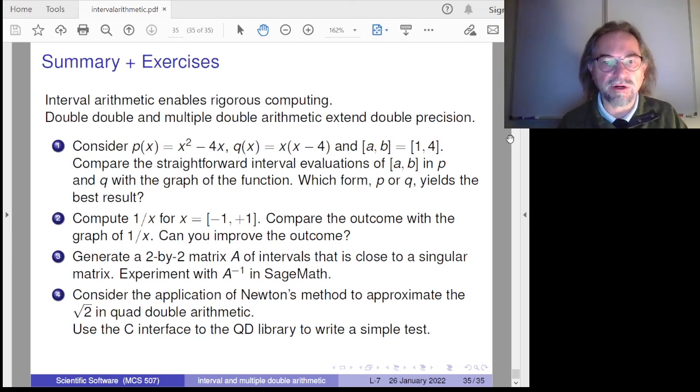It assumes that you are familiar with working with C and C++ code. So I may demonstrate this in the next lecture. So the QD library is actually quite easy to use. It's very self-contained and installs well. Now, of course, if you're unfamiliar with C and C++, then this is not the case. So that's why I leave the fourth exercise more as optional.